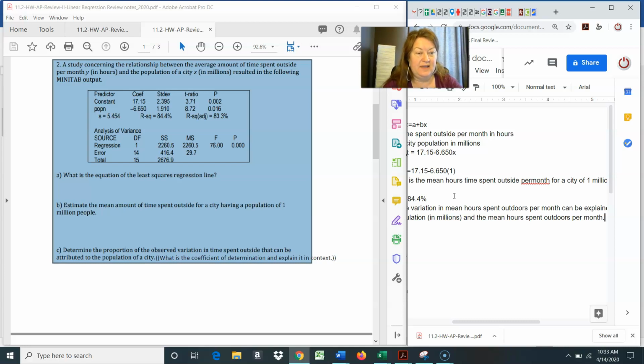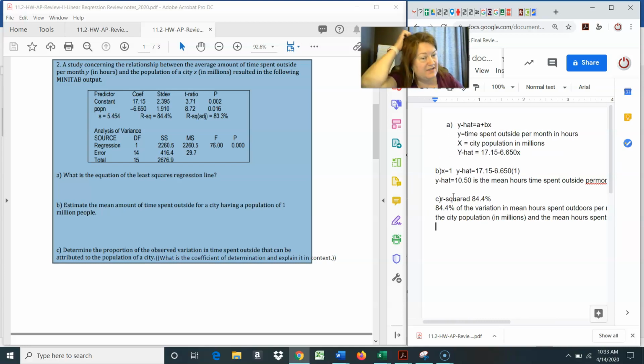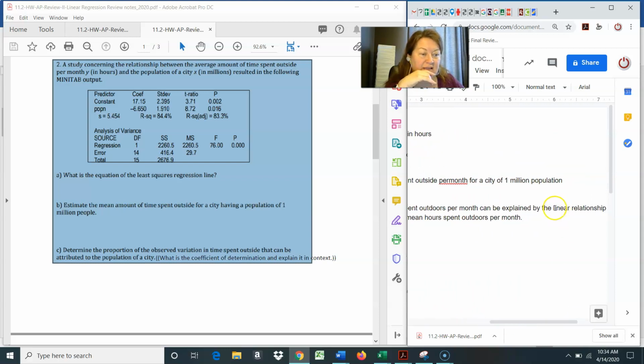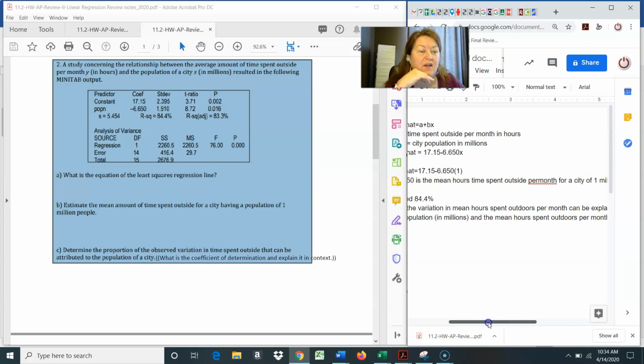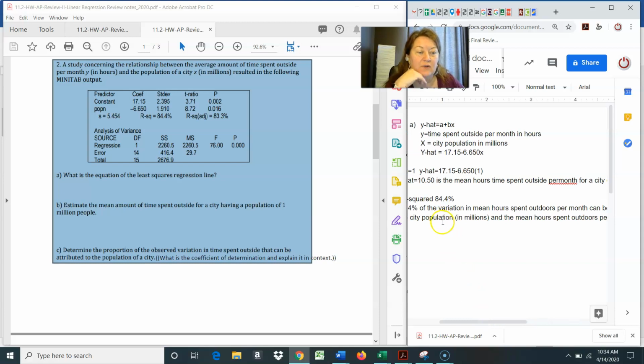Done. That is our official sentence. It always has the percentage of the variation of y's, so that's the mean hours spent outside. We have to say that it's explained by a linear relationship, and then we repeat what the linear relationship is between, so between the x's and the y's.